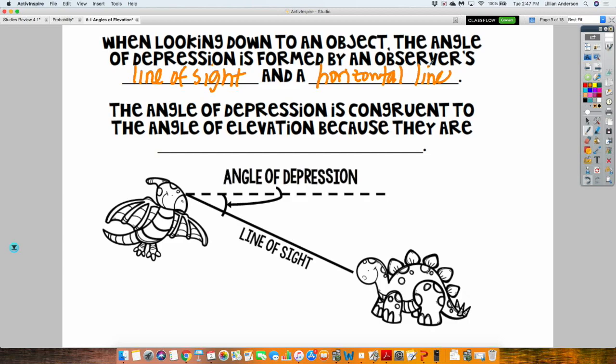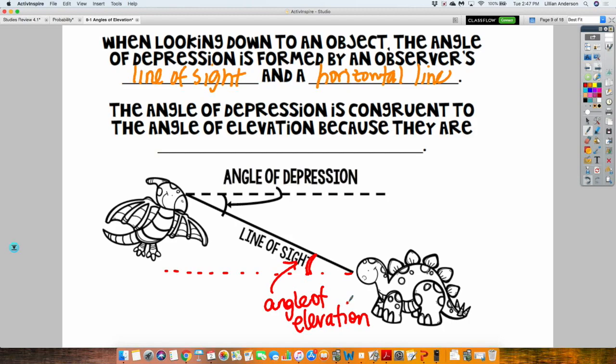Now, one thing you do need to be aware of is that the angle of depression is congruent to the angle of elevation. If I were to draw in the angle of elevation for this, what's this, Stegosaurus, this pterodactyl, okay? If I draw my horizontal line, remember looking up, this is my angle of elevation. Who gets the gold star for today from their geometry days?